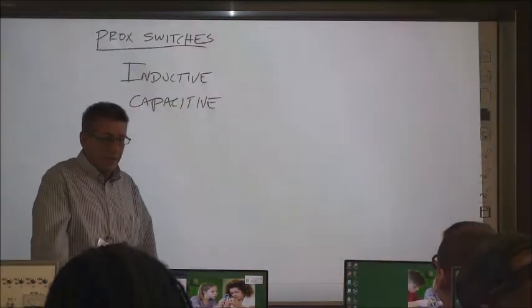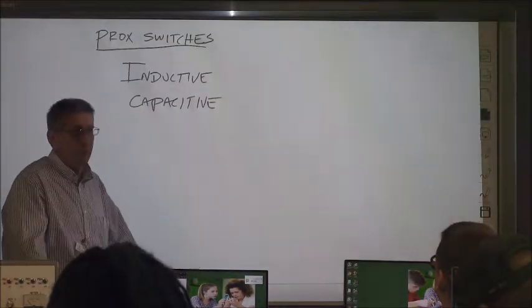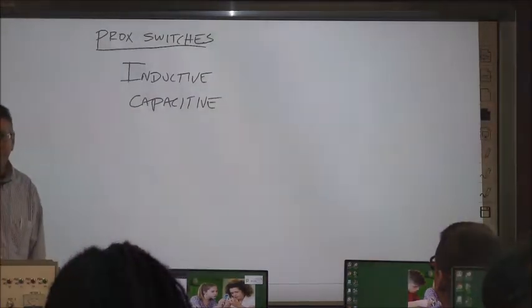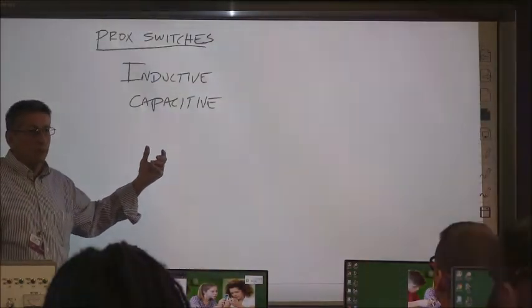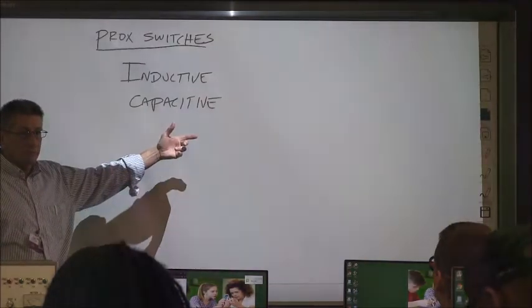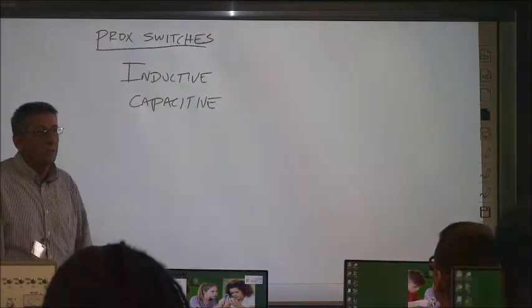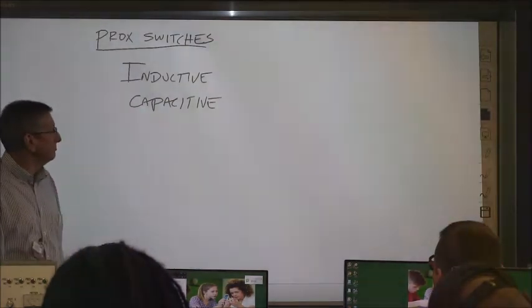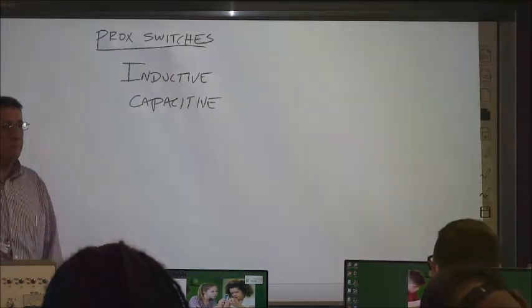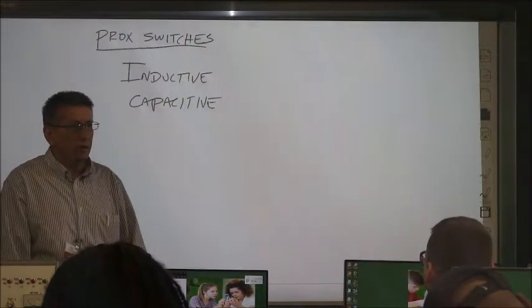Somebody can just walk up and make the prox switch with anything, pretty much. So if we're detecting metal parts, we'd want inductive. Well, one has a greater range than the other. I think the capacitive has a shorter range than the inductive. Is that what it is? Yeah.